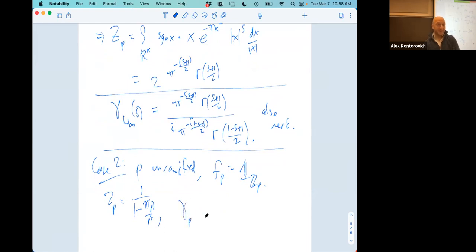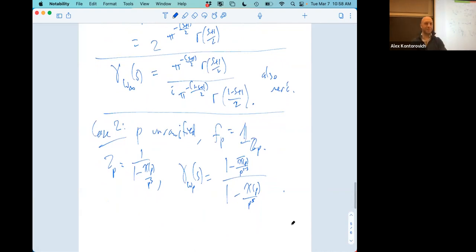So gamma p of omega, if omega is unramified, is the quotient of this thing on top, and switching to 1 minus s and chi goes to chi bar on the bottom, except with the surplus. Okay, nothing to do there.